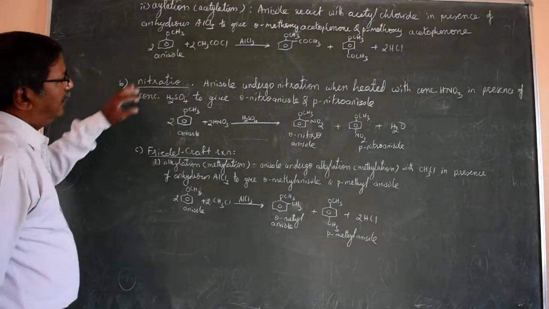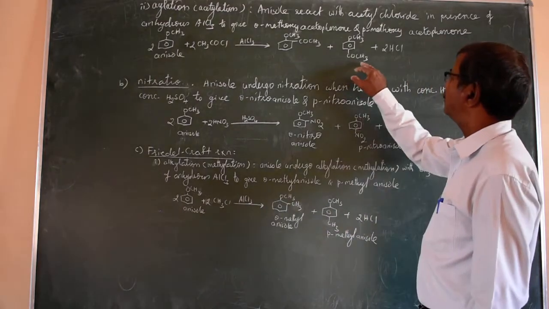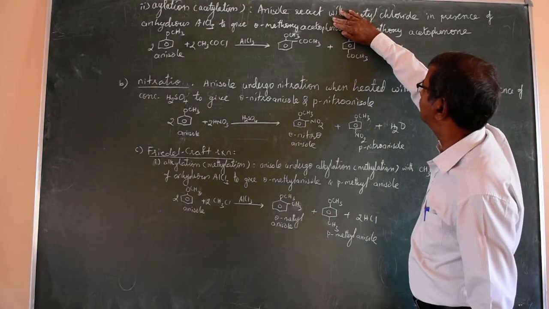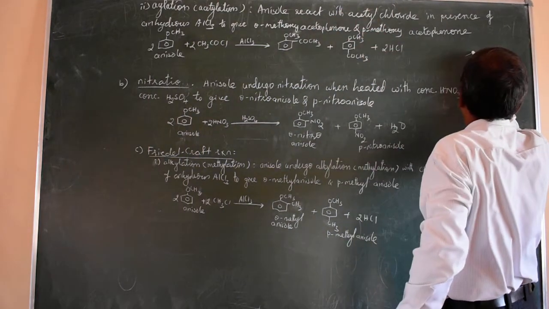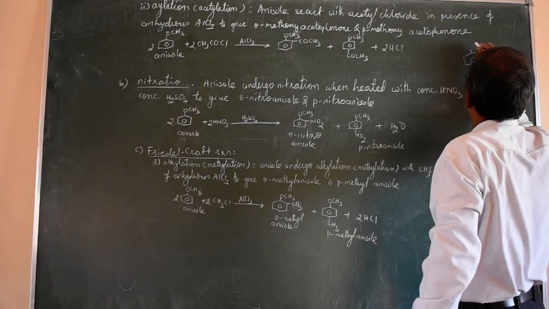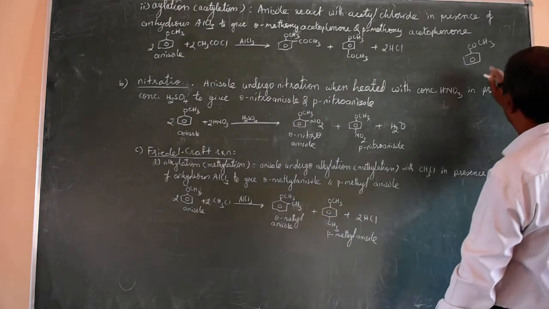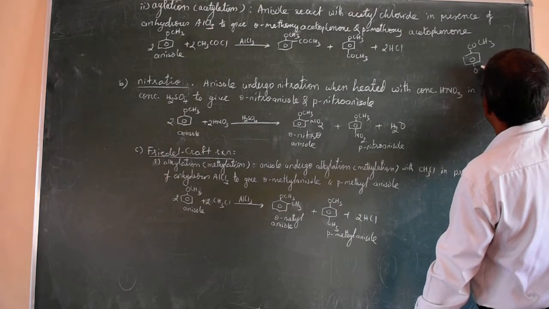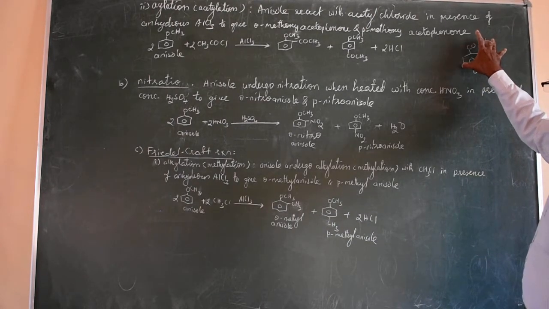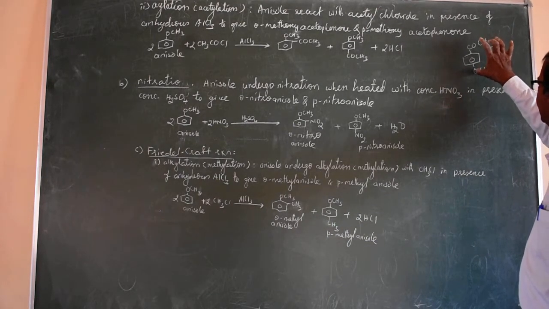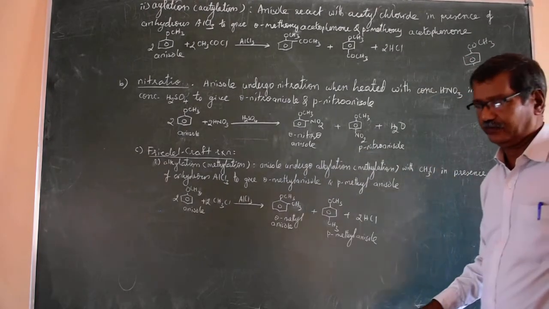Anisole. To name this compound, you give reference to the functional group CO. That means it is acetophenone. Here one hydrogen is replaced by OCH3, so it is methoxyacetophenone. At para position, it is para-methoxyacetophenone, or ortho-methoxyacetophenone.